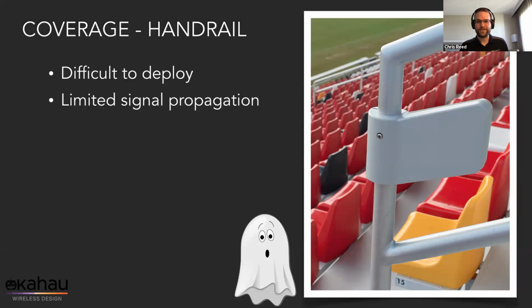So it's definitely my least favorite, but the overhead is sort of in the same scenario. You're at the mercy of where you can mount the antennas. For handrail, you've got this strip up the middle of the section. For overheads, unless you're making something dropping down from the ceiling, you're at the mercy of where the actual support steel is for those directionals.